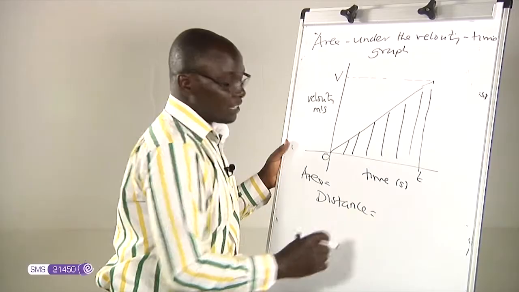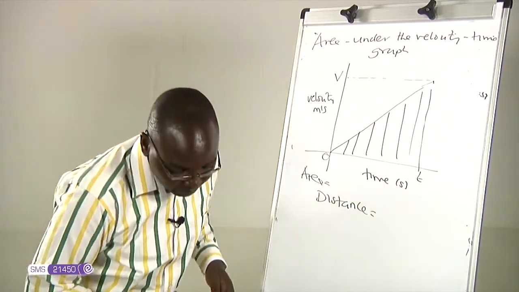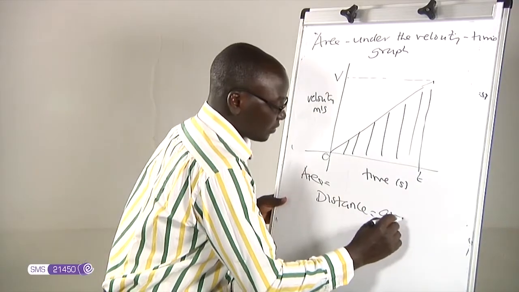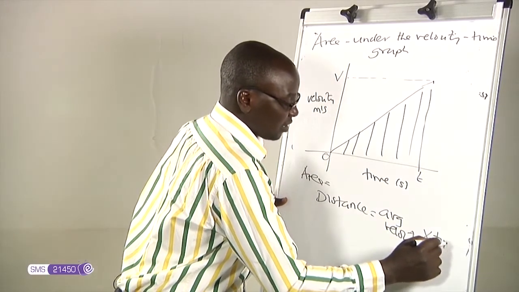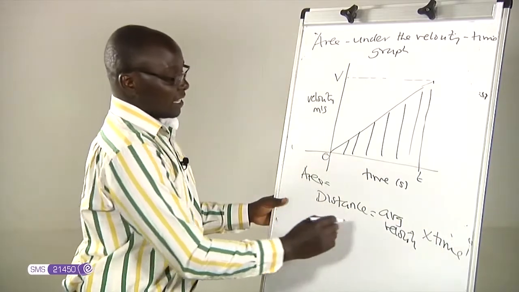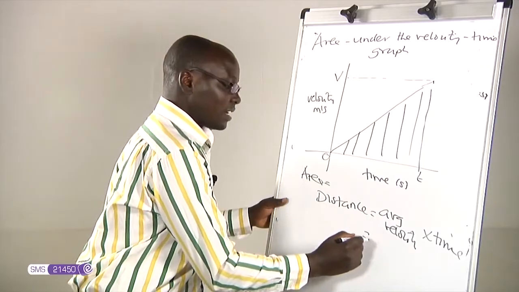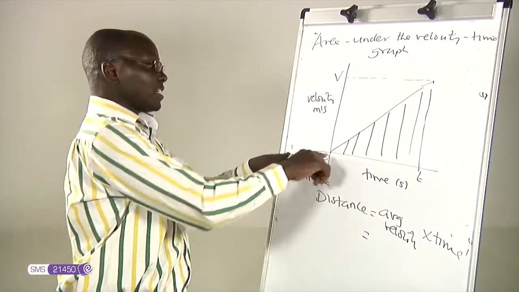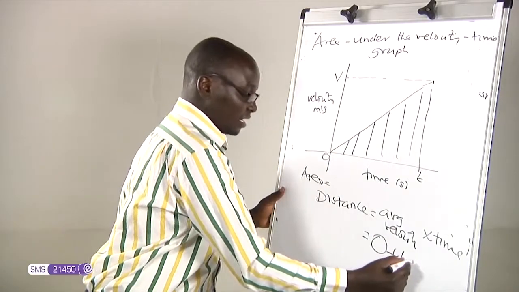The distance is given by the average velocity times time. So now we want to get the distance. Average velocity is given by the initial velocity, which from here is 0, plus the final velocity v.